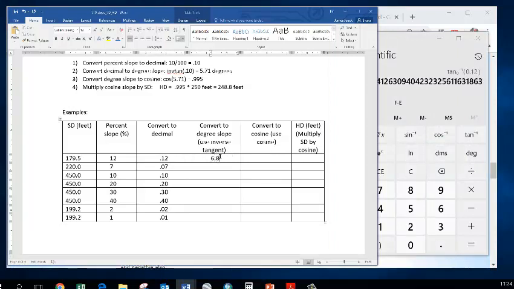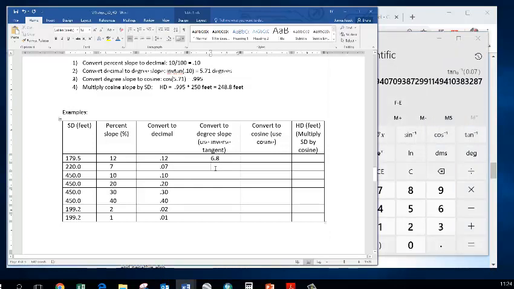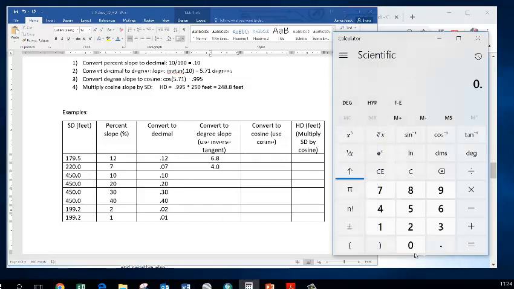I'm not going to get crazy with this. 0.07 inverse tangent is about 4.0. Okay, you get the idea. I'm going to let you do the rest on your own, but I'll just go through these two. And I'll do the one at the bottom too, because that's 0.01. Inverse tangent of that is 0.57.